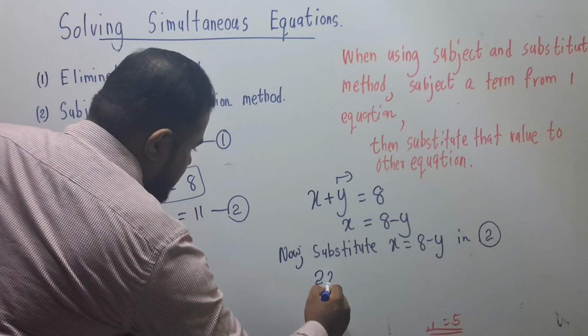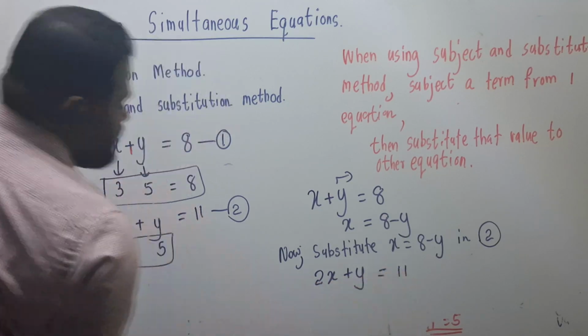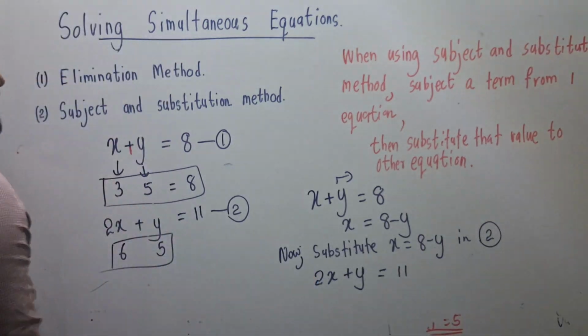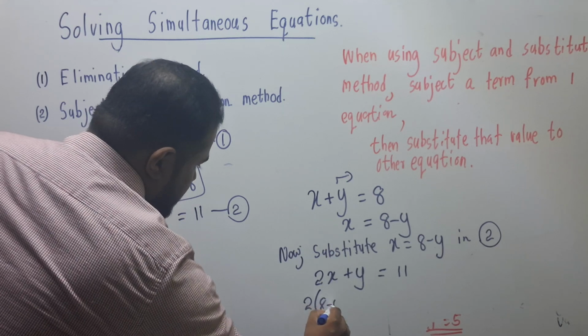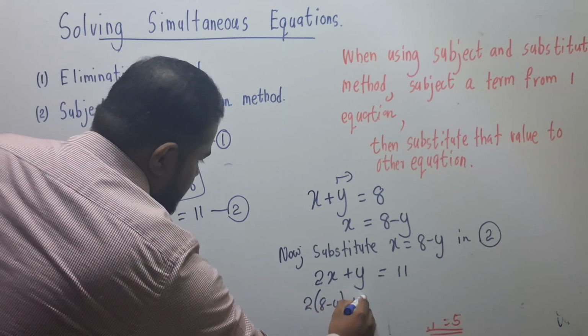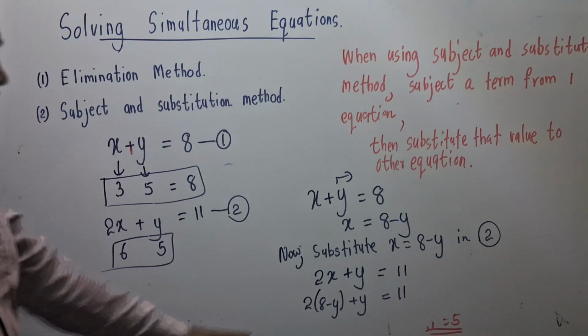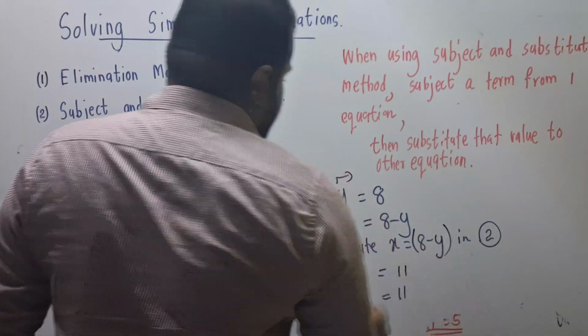That's equation number 2. For this x, I substitute what? 8 minus y. 2 bracket 8 minus y plus y equals 11. For this x, I substituted 8 minus y.